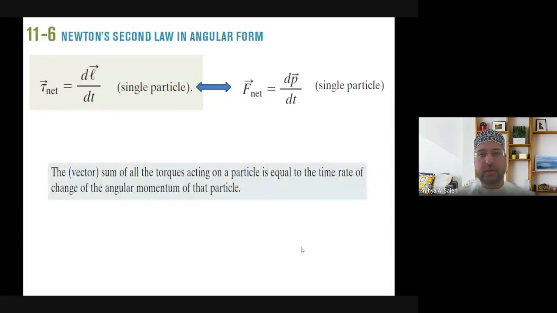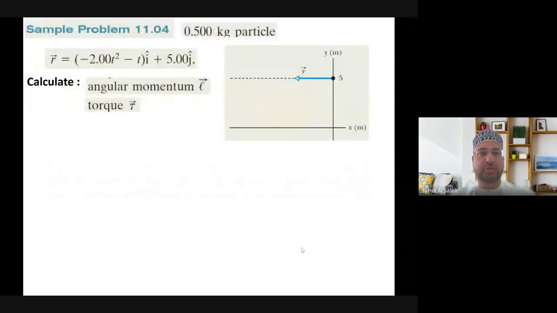In chapter 9, sometimes when we wanted to find the force and did not have enough information, but we had momentum, we looked at final momentum minus initial momentum and at how much time difference there is. The same thing we can do here. The best way to describe this is looking at sample problem 11.04.